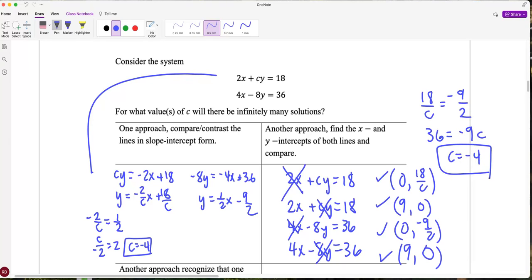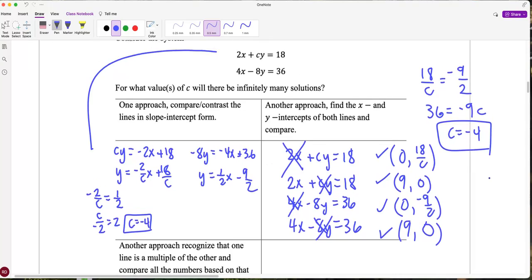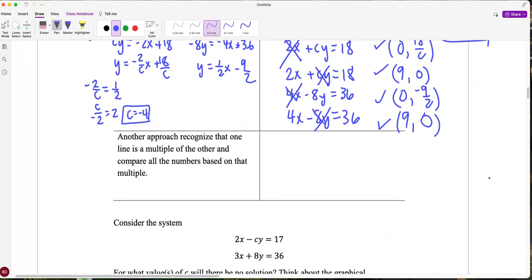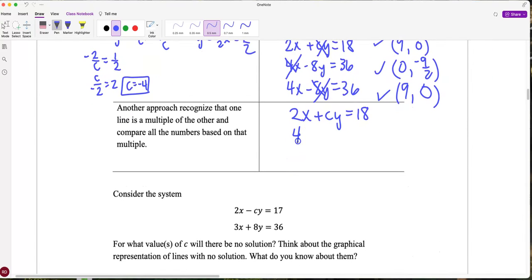Same thing. Now, another approach that might be quicker: if I just recognize 2x plus cy equals 18, and 4x minus 8y equals 36, if these are identical lines, then they are multiples of each other. So what turns a 2x into a 4x? Basically, you're multiplying this top equation by 2.